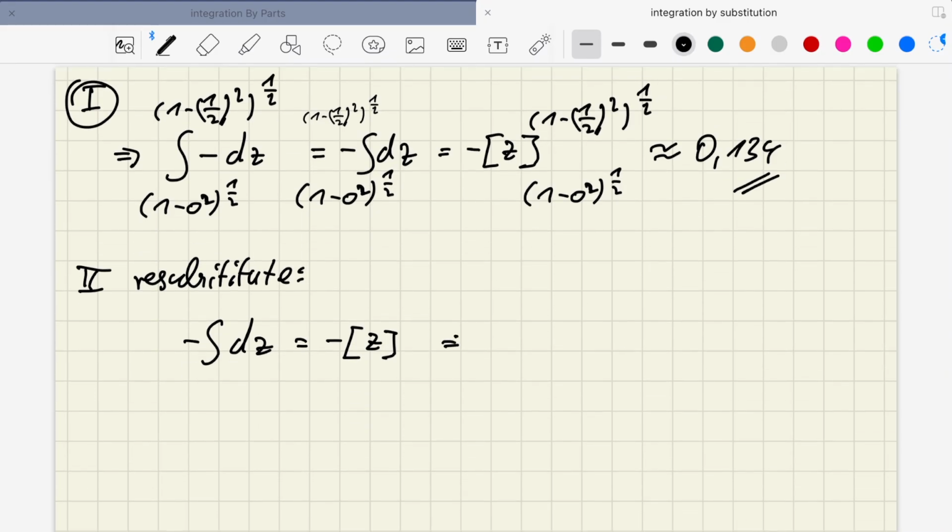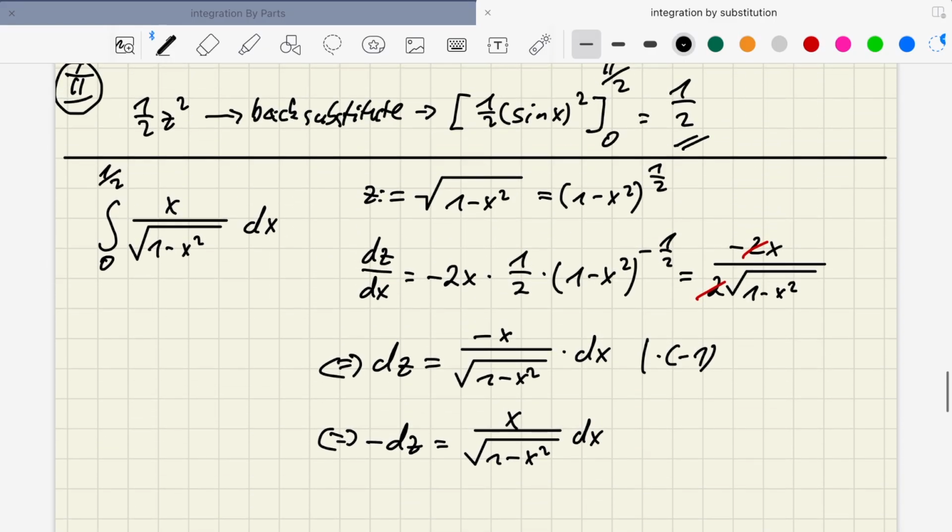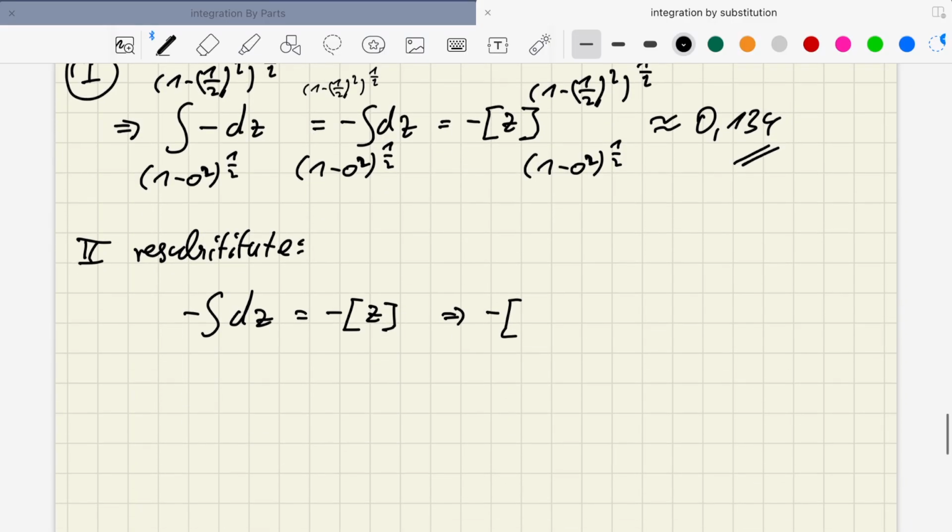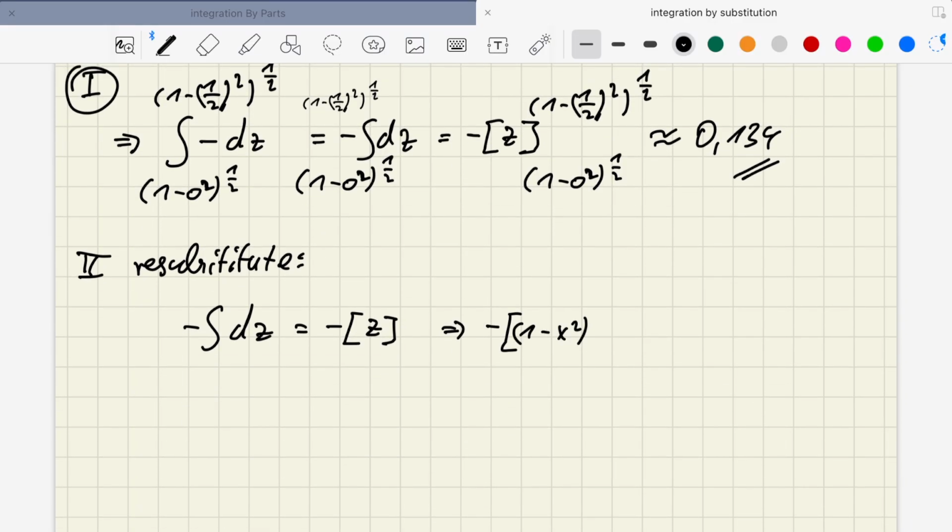Now you resubstitute, so you have minus 1 minus x squared, 1 minus a half.